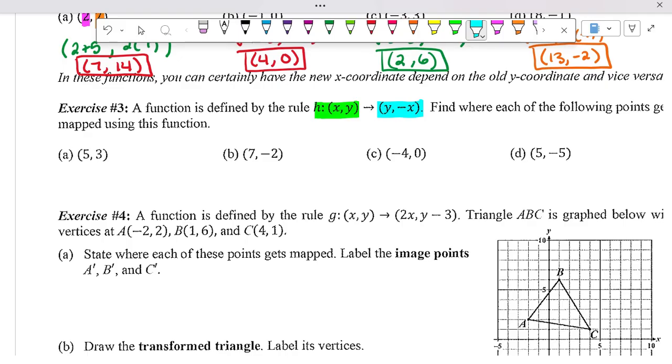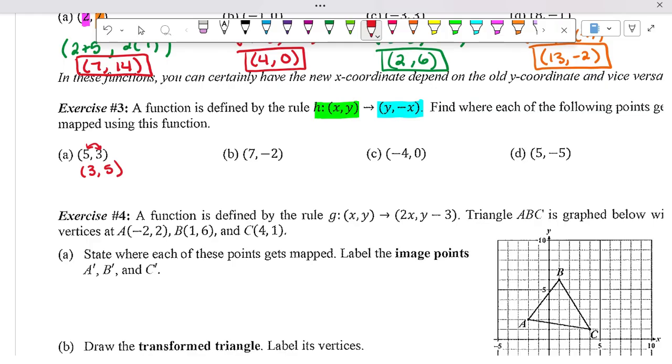So for letter A, what do you think my first step is going to be? Flip the x and the y. So I'm going to start by just switching places. So 3, 5. What's the other thing I got to do? I got to make the original x value negative.